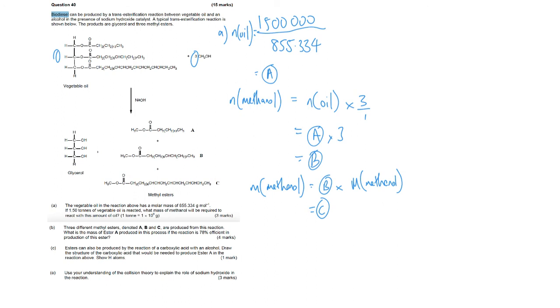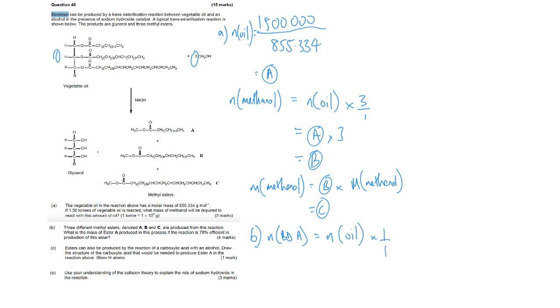All right. Okay, so 3 different methyl esters, denoted A, B, and C, are produced from this reaction. What is the mass of ester A produced in this process if the reaction is 78% efficient in the production of this ester? Okay, so B, then what we need to do is we say that I got the number of moles of oil, so I'm going to work out the number of moles of biodiesel A, which is equal to the number of moles of oil times 1 on 1.